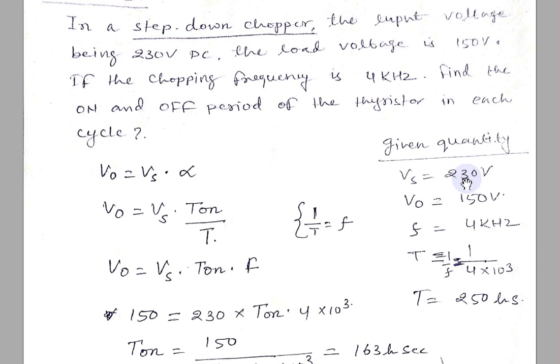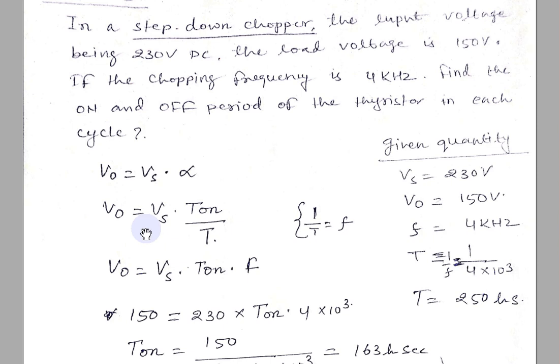Known quantities are Vs equal to 230 volt and V naught equal to 150. Chopping frequency 4 kilohertz means the total time period T is equal to 1 by f, which is 250 microseconds.